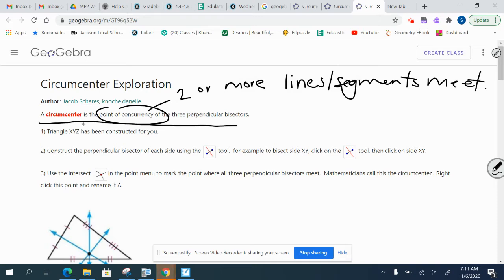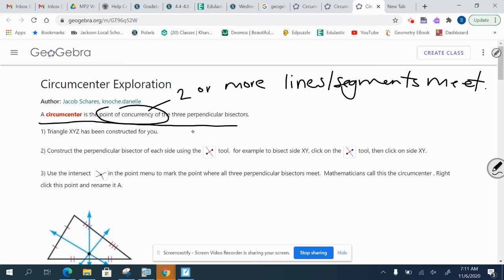With the midsegments, they did not ever intersect each other; they only touched at the midpoints. But with the circumcenter, it's the point where the perpendicular bisectors meet each other.